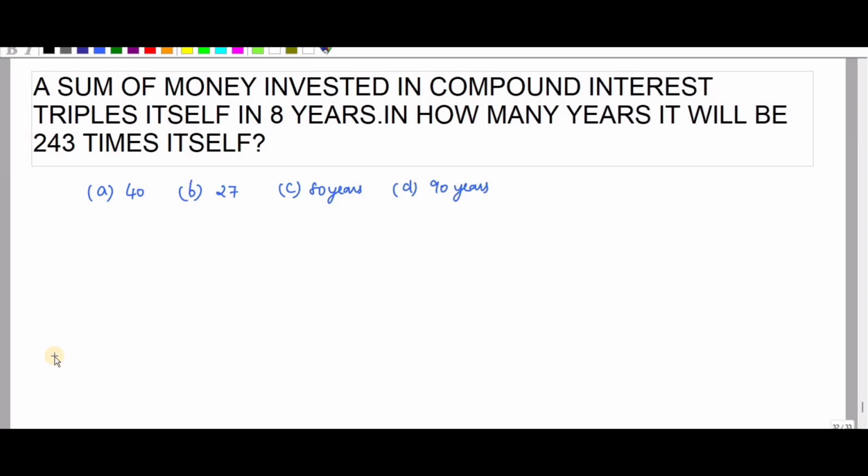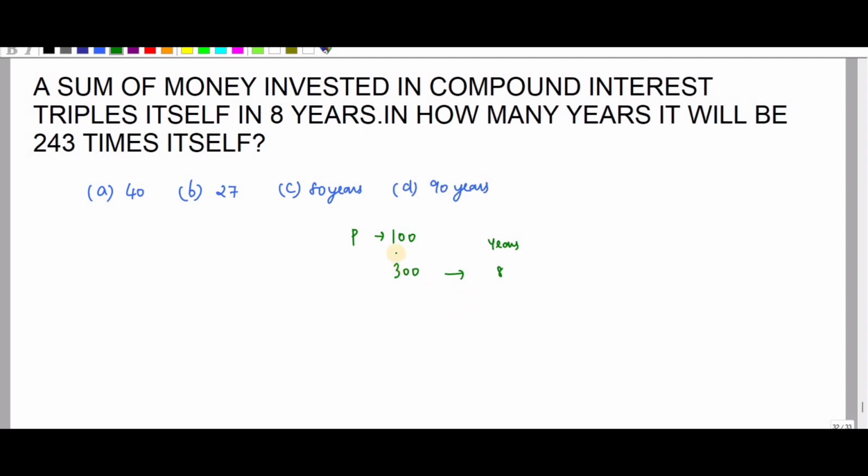In the given problem, a sum of money invested in compound interest triples itself in 8 years. In how many years will it be 243 times itself? So if I consider I'm having 100 rupees as my principal, it becomes 300 rupees in 8 years.